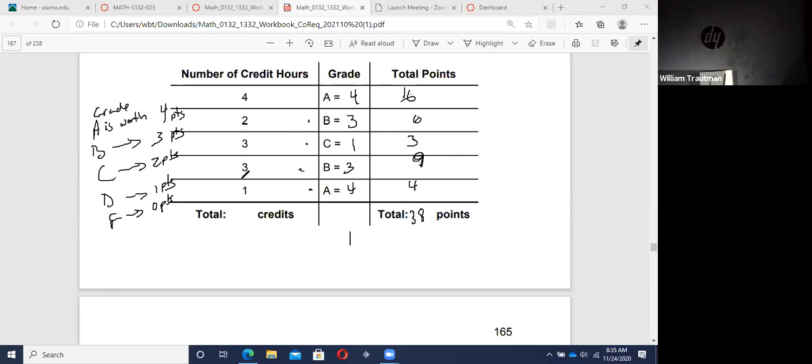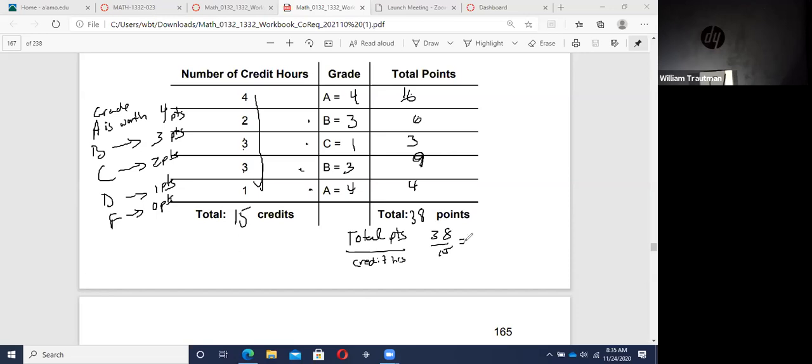The total credit hours is 8, 9, 10, 11, 12, 13, 14, 15 credit hours. So to find your GPA, you take your total points divided by your credit hours. 38 divided by 15.